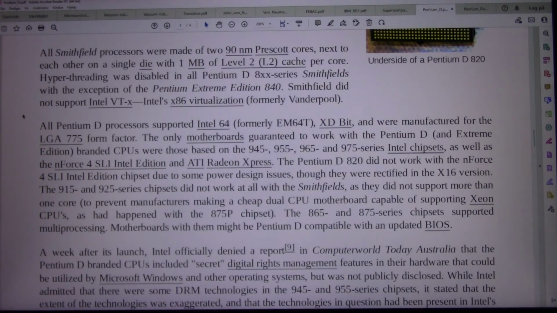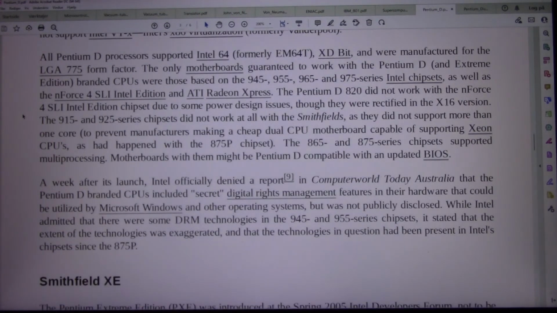All Pentium D processors supported Intel 64, formerly EM64T, and the XD bit, and were manufactured for the LGA 775 form factor.